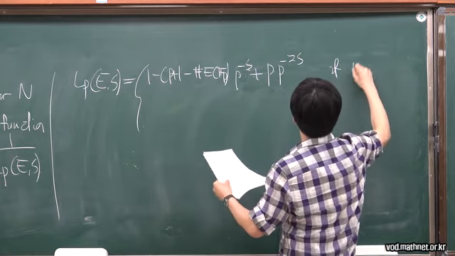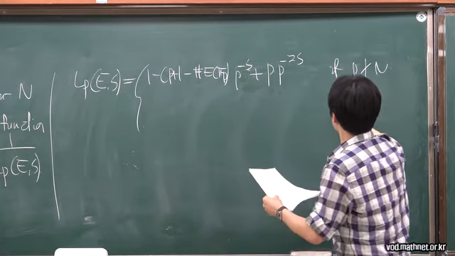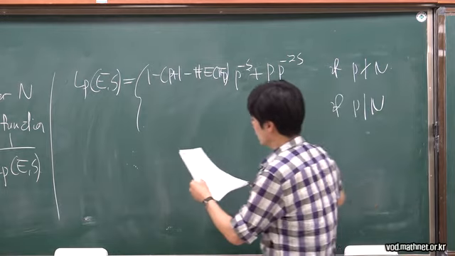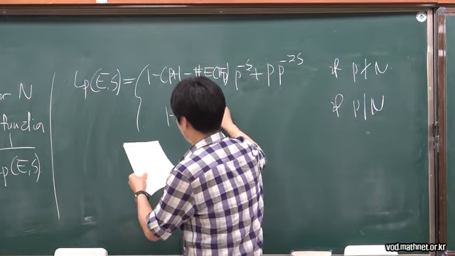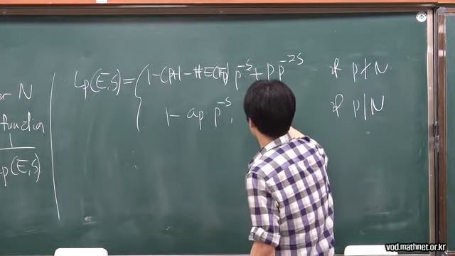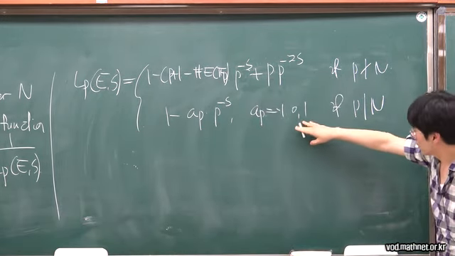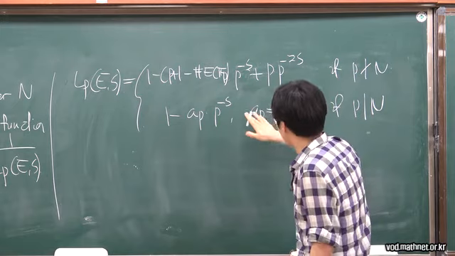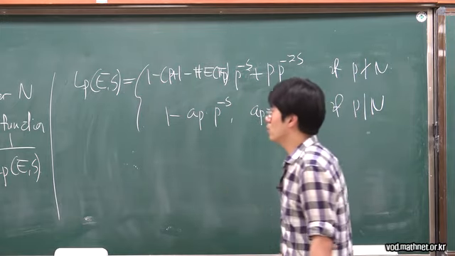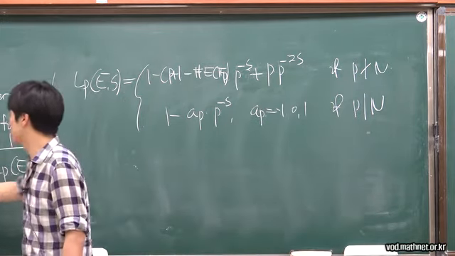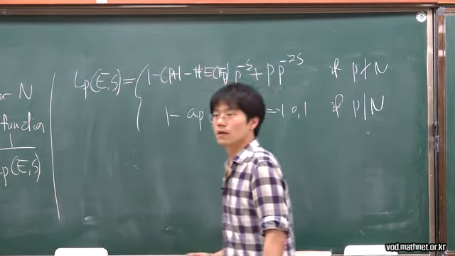If p divides N, then it is 1 minus a_p times p to the minus s. Here a_p is negative 1, 0, or 1. There is a technical condition to determine the precise value of a_p. So anyway, the Hasse-Weil L-function is defined like this.